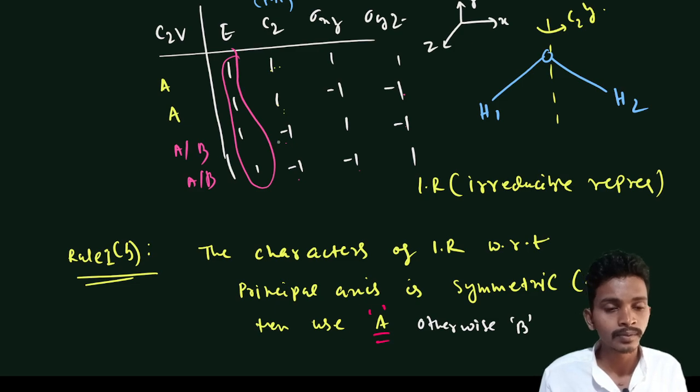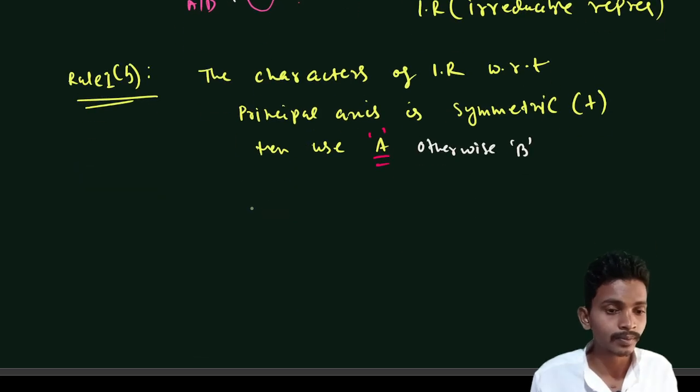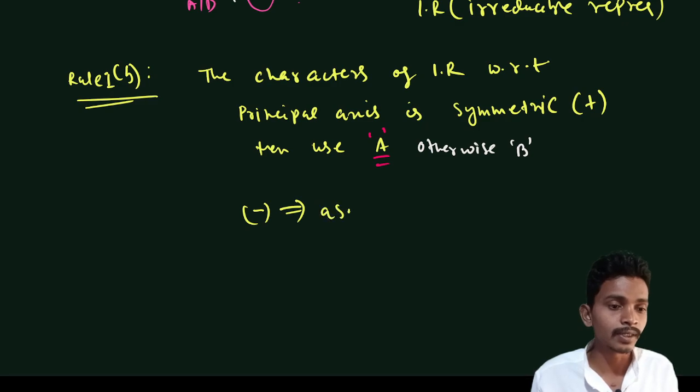Here, if the principal axis is symmetric, meaning I get a positive value, then I will use A, otherwise B, meaning if I get a negative value, then I will use B. Minus represents asymmetric.